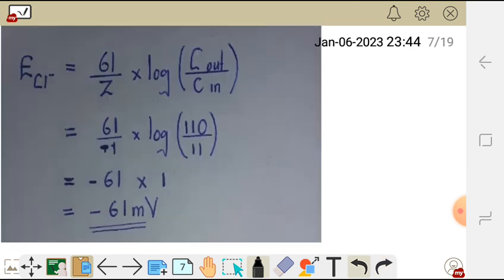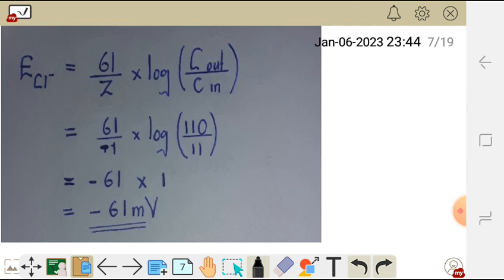So the equation says the equilibrium potential for chloride equals 61, which is a calculated gas constant with the temperature, over Z, which is the valence for chloride, multiplied by log concentration of chloride outside the cell over concentration of chloride inside the cell.